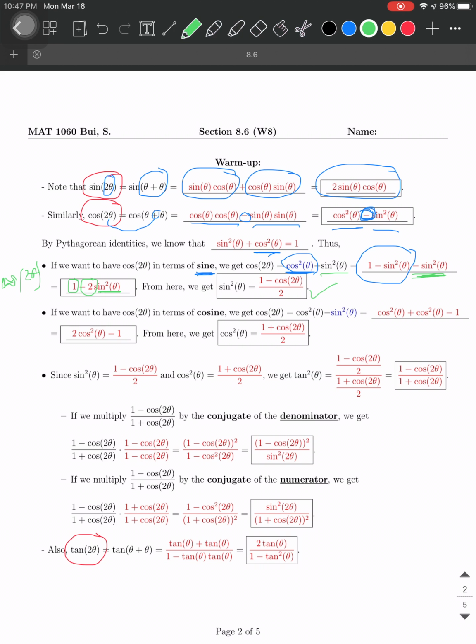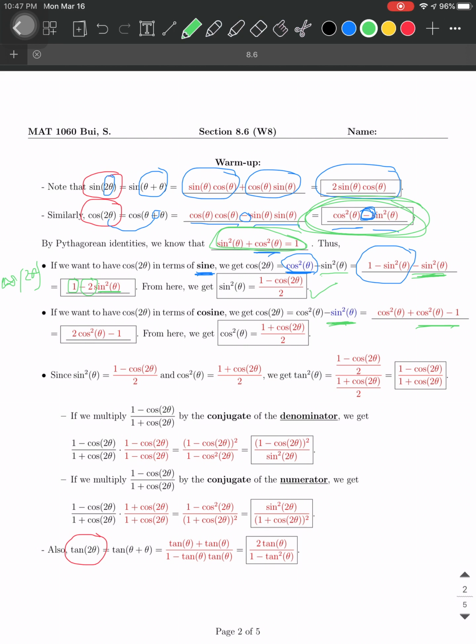Okay. With the same logic, what if we don't want to have sine in this formula right here? We would need to solve for cosine of 2 theta in terms of cosine. That means wherever we see sine, we have to get rid of it. How can we get rid of it? We have to get back to the Pythagorean identities right here. We know that minus sine squared equals cosine squared minus 1 right here.